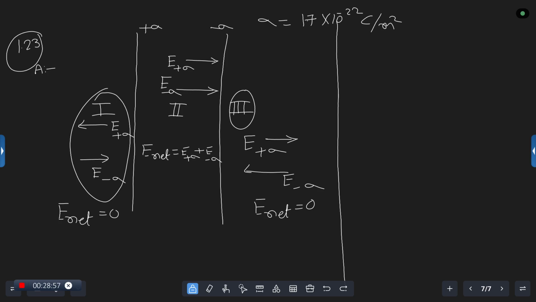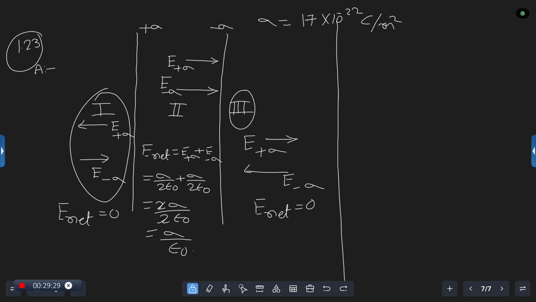These plates are metal plates, parallel and too large. So what is the formula for E plus sigma and E minus sigma? Metal plates. Sigma by 2 epsilon naught plus sigma by 2 epsilon naught equals 2 sigma by 2 epsilon naught equals sigma by epsilon naught.